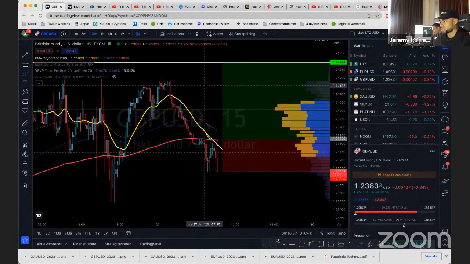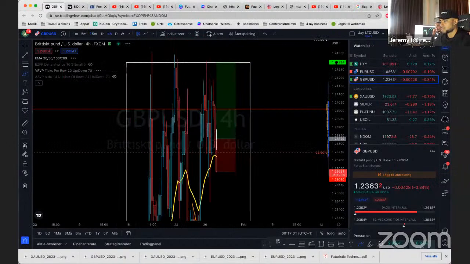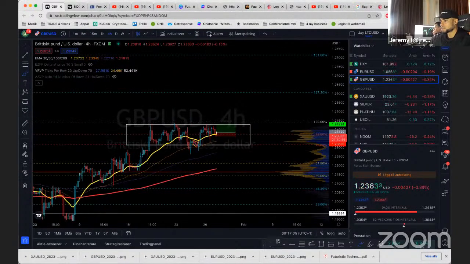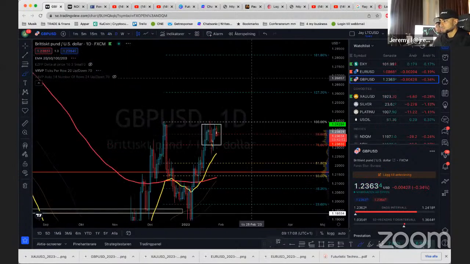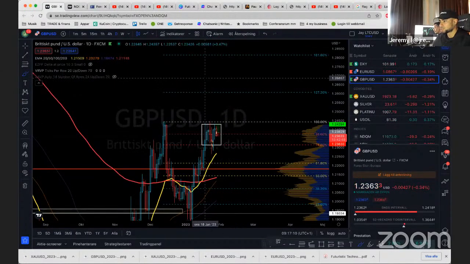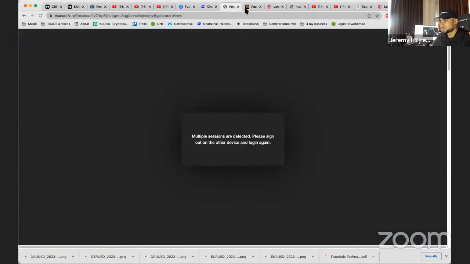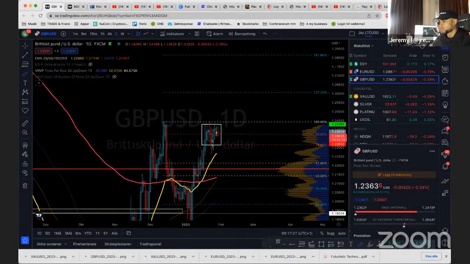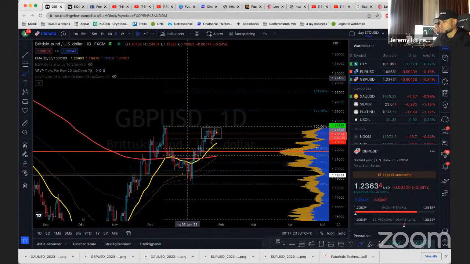1.2975 would put us at about, damn, that's high up. It's very high up. So that will put us at this zone, 129.75. That's right here.